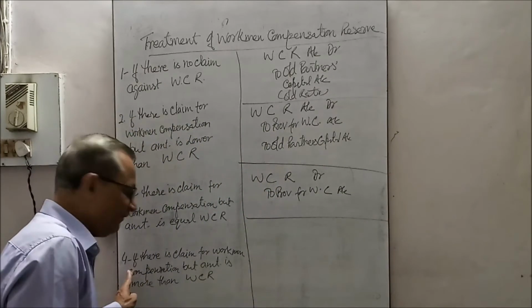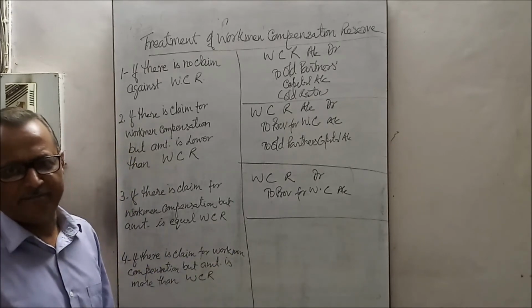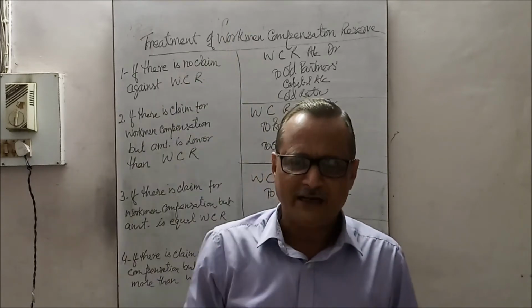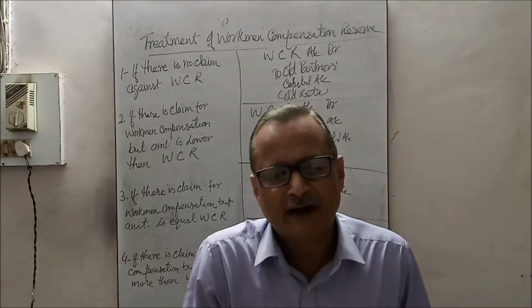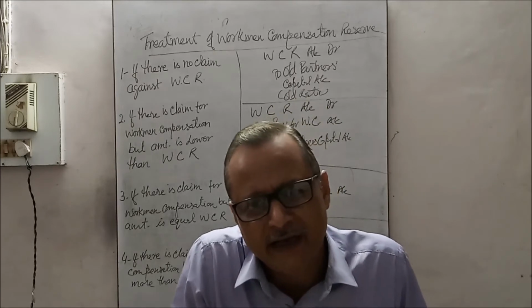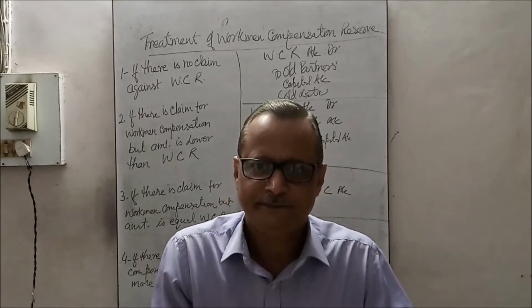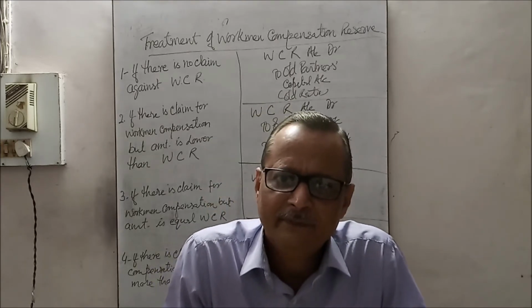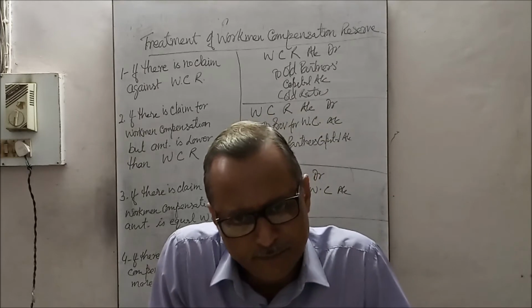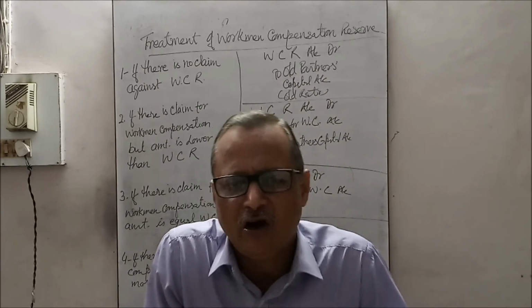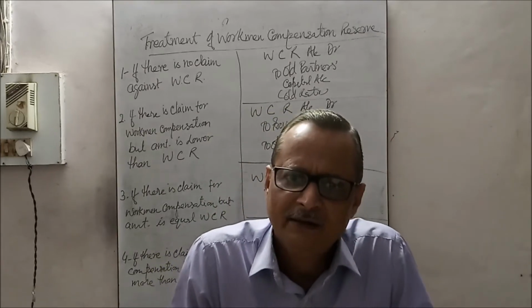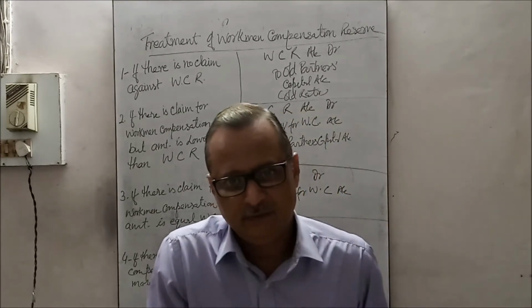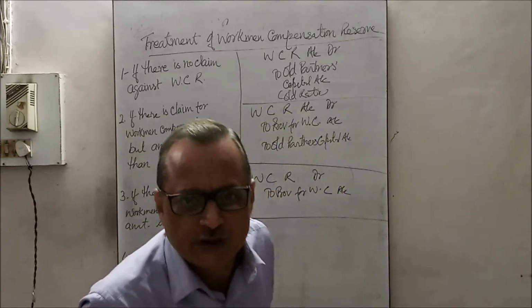Likewise, if there is a claim for workmen compensation, but the amount of claim is more than workmen compensation reserve, meaning the workmen compensation reserve appearing in the liability side of the balance sheet, suppose that is 10,000, but the claim being made or will be made might be 12,000, meaning 2,000 more than WCR.